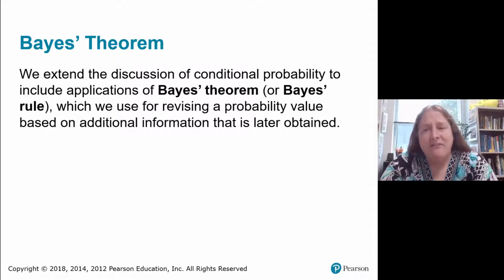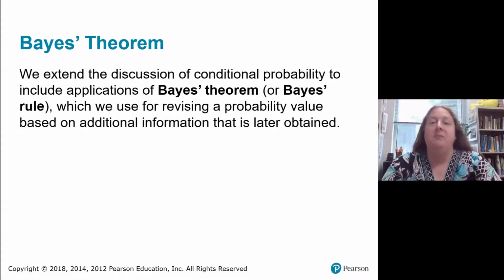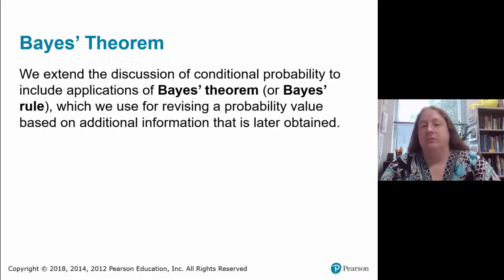All right, our final topic, Bayes' theorem. So conditional probability, we use this thing called Bayes' theorem to help us out sometimes when we want to know something about one conditional probability and we know something about the other conditional probability, or we might want to know something like as we obtain more information, our probability stuff changes.